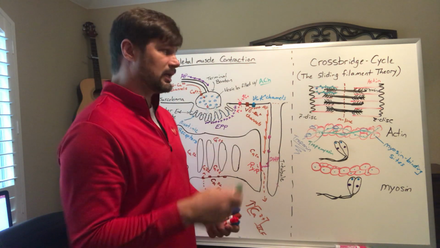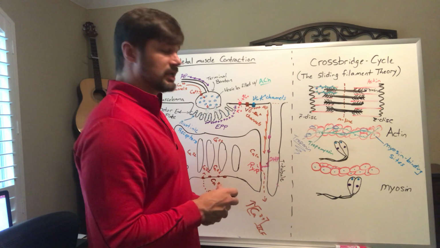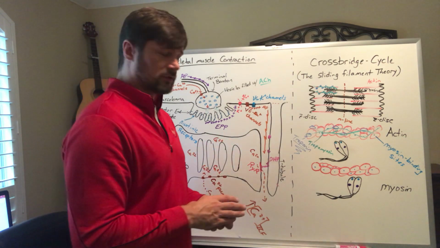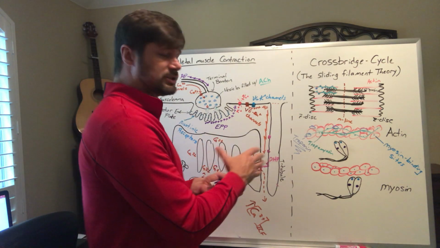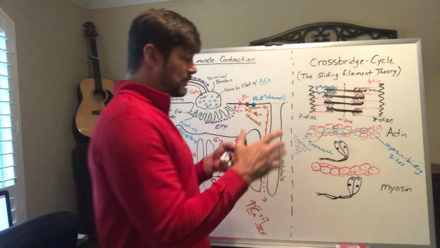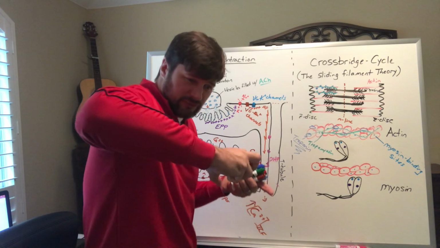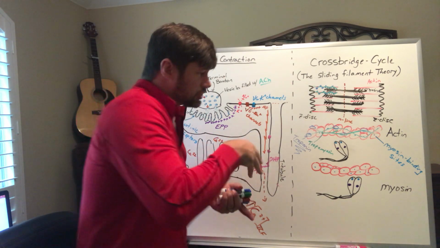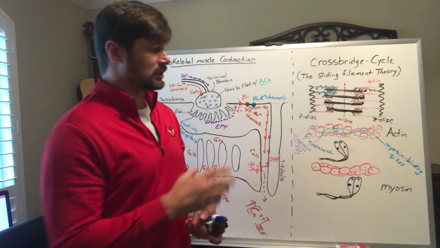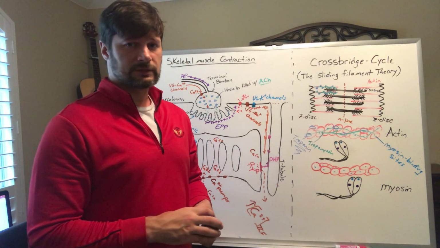So that's one step of the crossbridge cycle. That's going to begin the process of crossbridge cycling. You must have calcium in the system, and calcium must activate troponin. Therefore, troponin will physically change the conformation of tropomyosin to shift that tropomyosin off of the myosin binding sites.